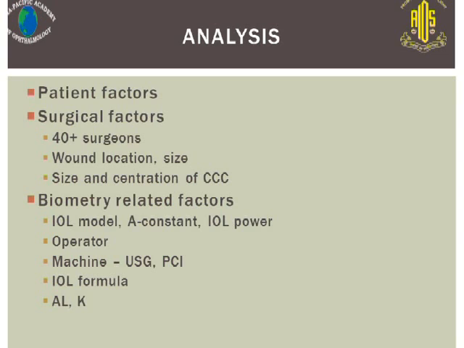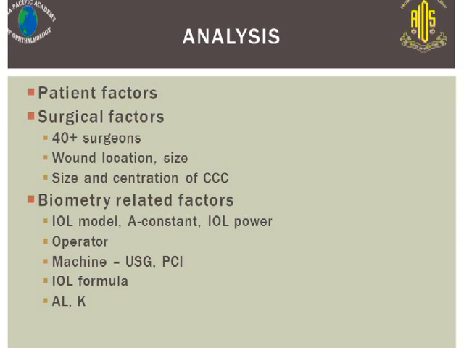Each surgeon has their own style of practice, their own surgically induced astigmatism, size of capsulorhexis, and their choice of intraocular lenses. Biometry is performed by different departments using different machines, and even if the machines are the same, the software versions may differ, and as a result, this makes analysis quite complicated.